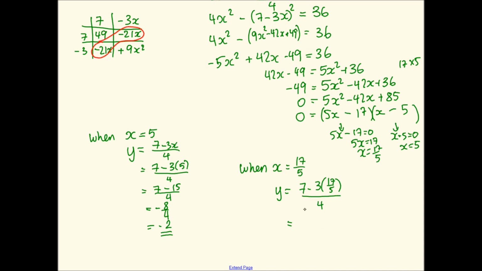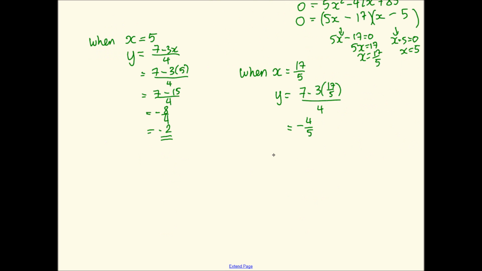Again, you do have a calculator to help you with this, so you could type all of that in, and I believe that that gives you minus, I'm just going to check on my calculator, yeah, minus 4/5. So your two solutions are x equals 5 and y equals minus 2, and x equals 17 over 5 and y equals negative 4/5.